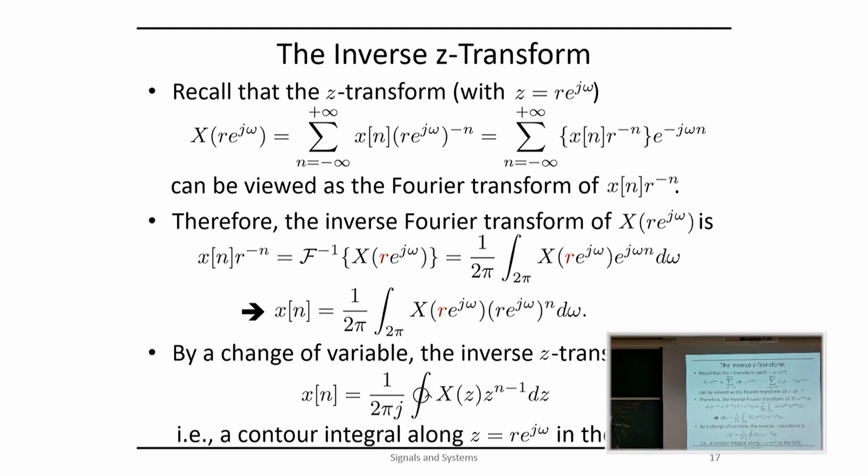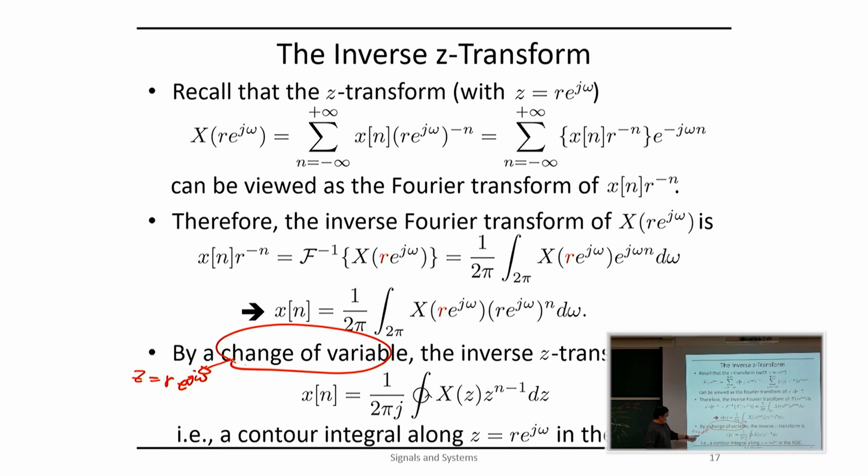By a change of variable, where you set z equal to r e to the j omega, you can then obtain the inverse Z transform of X(z) in this form here. Now notice that we're taking this integral over a contour around the circle described by z equal to r times e to the j omega in the region of convergence.